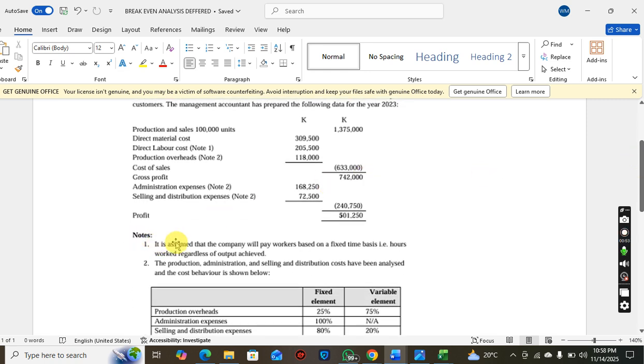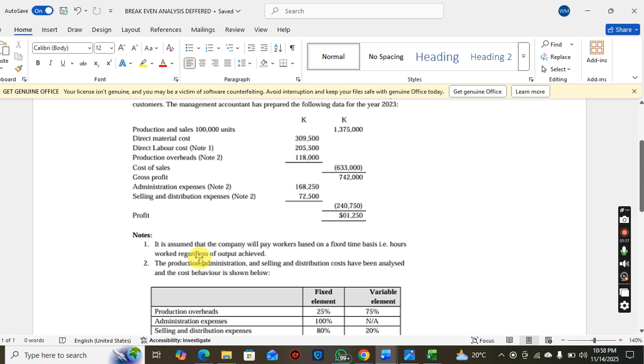Okay, notes. It is assumed that the company will pay workers based on a fixed time basis, meaning hours worked regardless of output achieved. So basically our direct labor cost here is going to be regarded as a fixed cost. That's what this is saying.